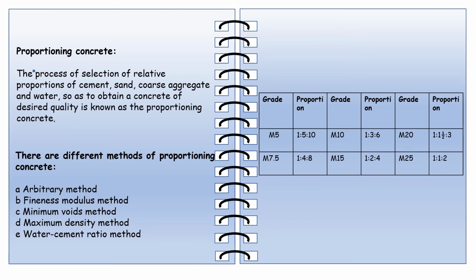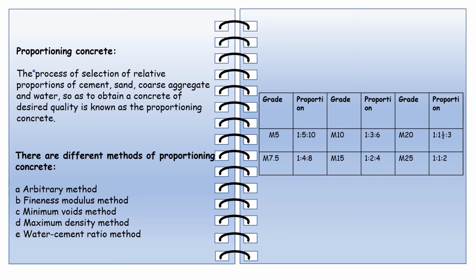There are different methods of proportioning concrete: arbitrary method, fineness modulus method, minimum void method, maximum density method, water cement ratio method.